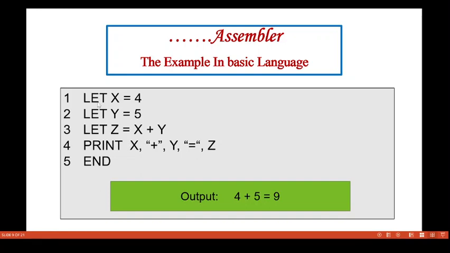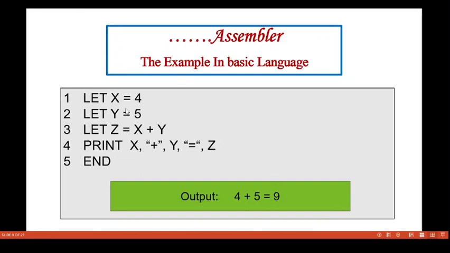This is the Basic programming language for computing 4 plus 5. Let x equal 4, let y equal 5, let z equal x plus y, then print z. That's the end of the program. And when you run this in the Basic programming language, it will give you the answer 9.